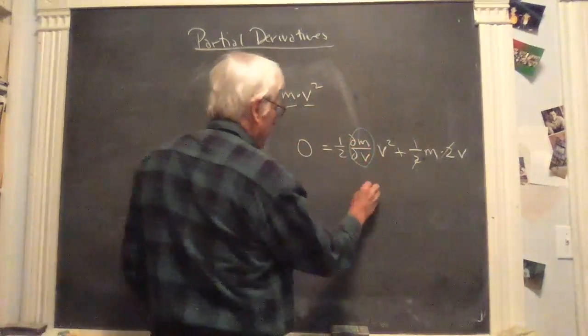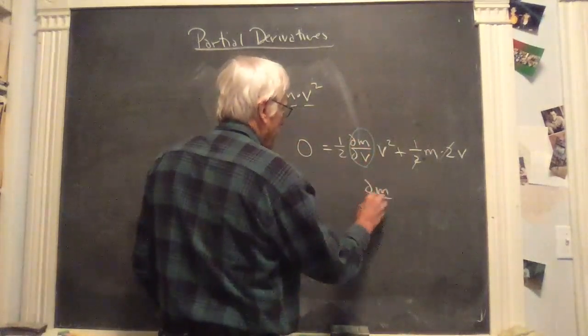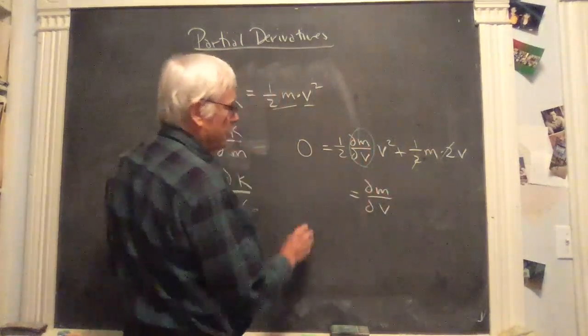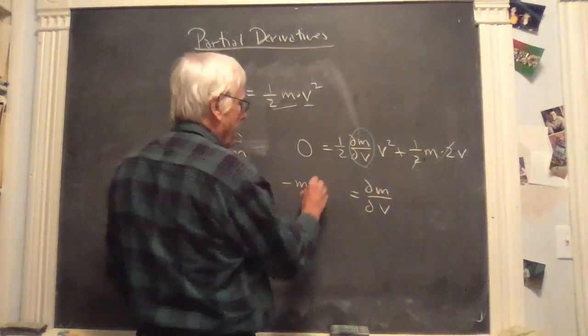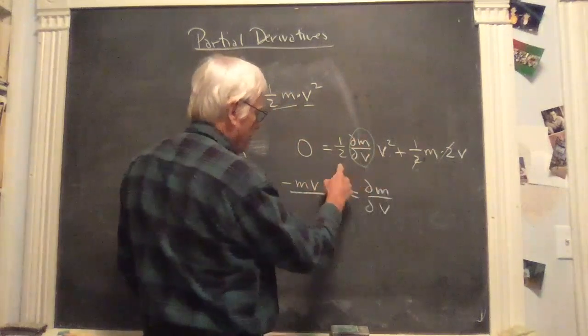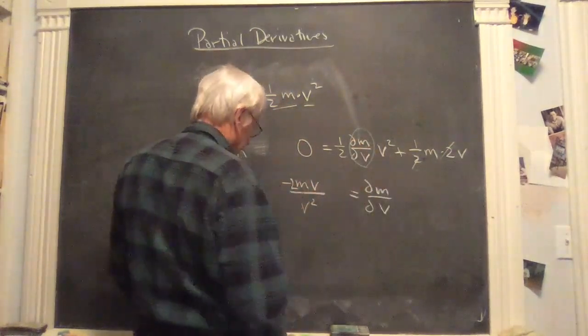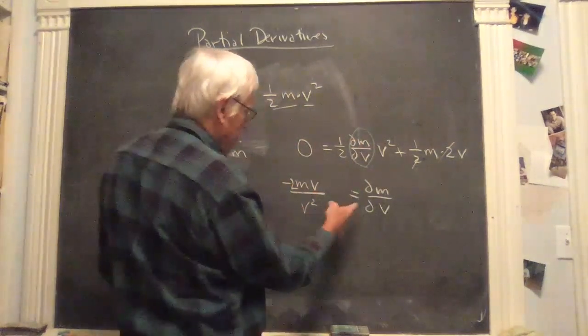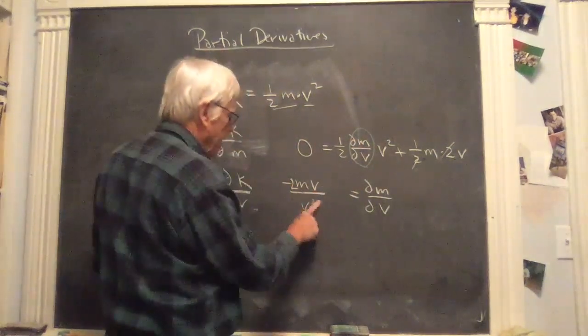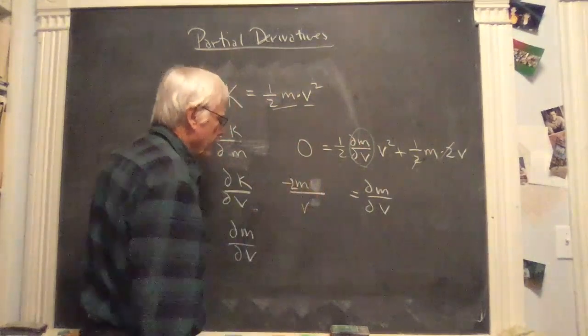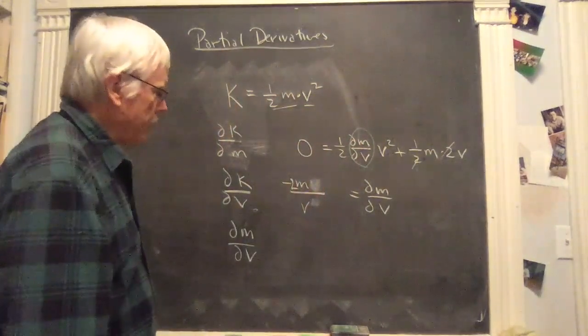So the partial derivative of m with respect to v is equal to minus mv divided by 2 divided by v squared. The v equals 0 case is probably a special case, so you can reduce. So you get minus 2m over v.